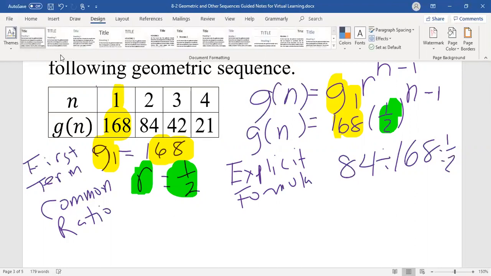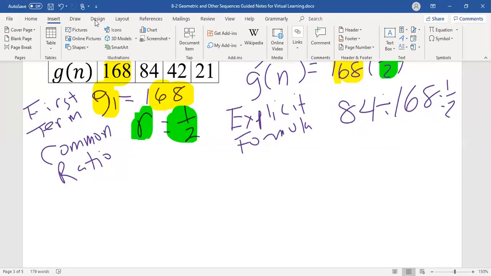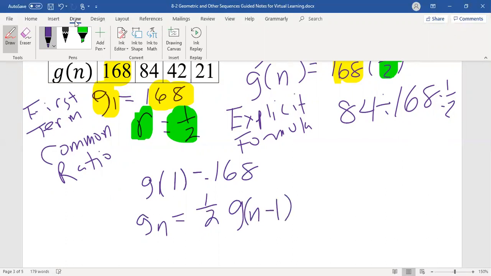The recursive formula is similar to what we did with arithmetic sequences. It's always going to be in the form G1 equals, and that's just the first term. And then we have Gn equals R, my common ratio, which is 1/2, times Gn minus 1.